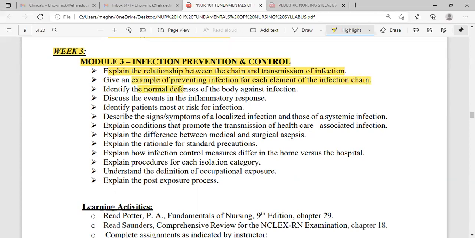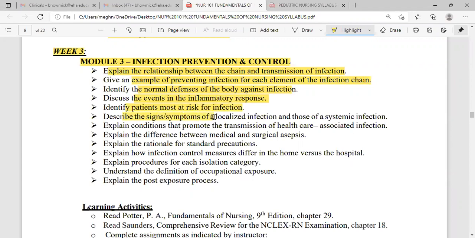Identify the normal defenses of the body against infection. Describe the events in the inflammatory response. What are the cardinal signs of inflammation? And identify the patients most at risk for infection.